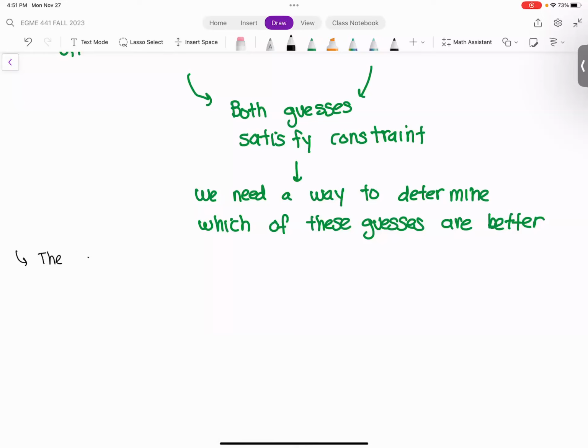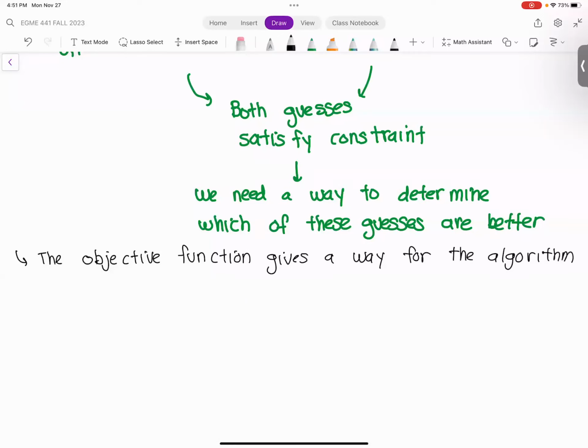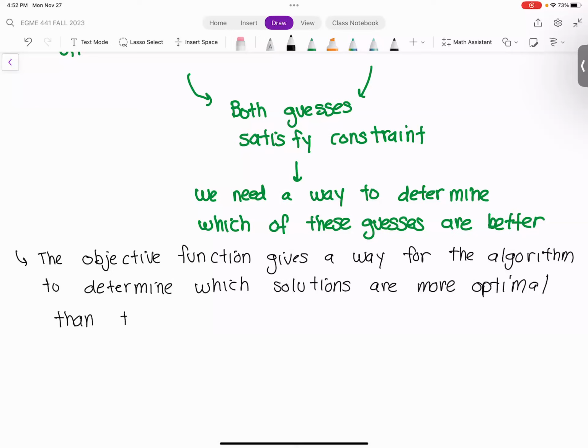So the objective function gives a way for the optimization algorithm to determine which solutions are more optimal than the others. Okay.